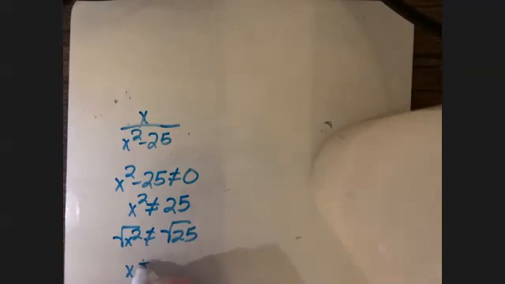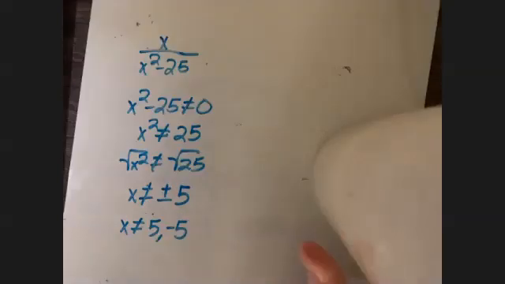Since we brought in the square root, we have to bring in a plus minus. So x cannot be plus or minus 5. Sometimes they will make you write them separately. I'm okay with it being in the plus minus form. That doesn't bother me.